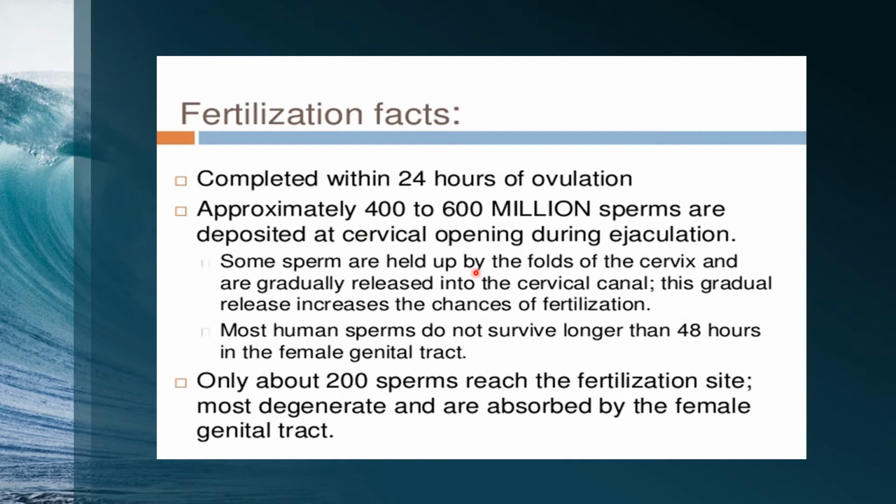Approximately 400 to 600 million sperm are deposited at the cervical opening during ejaculation, and some sperm are present in the folds of the cervix and are gradually released into the cervical canal, and this gradual release increases the chances of fertilization. After 48 hours, they are not able to survive in the female genital tract, so they degenerate. Only about 200 sperm reach the fertilization site, and most degenerate and are absorbed by the female genital tract.